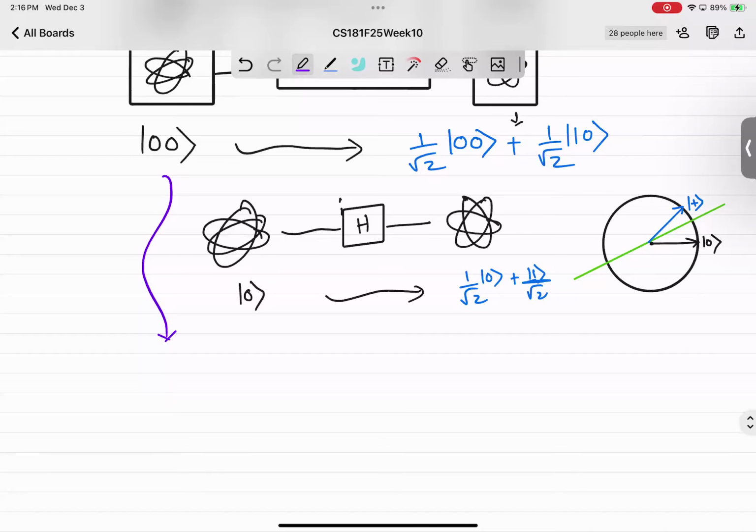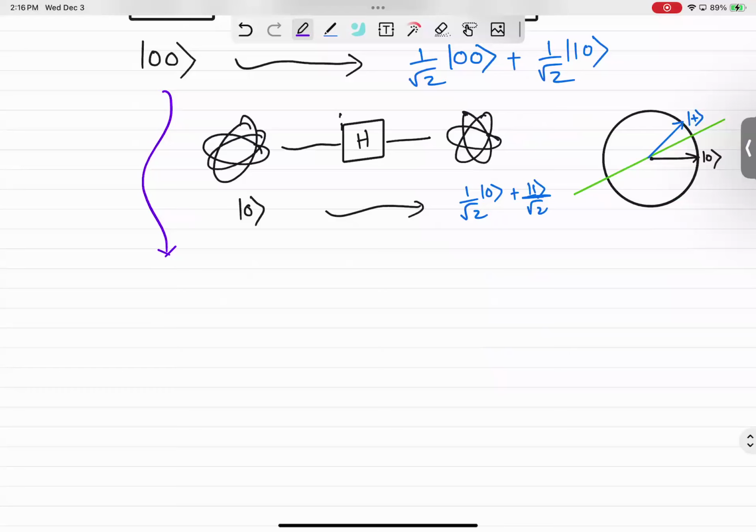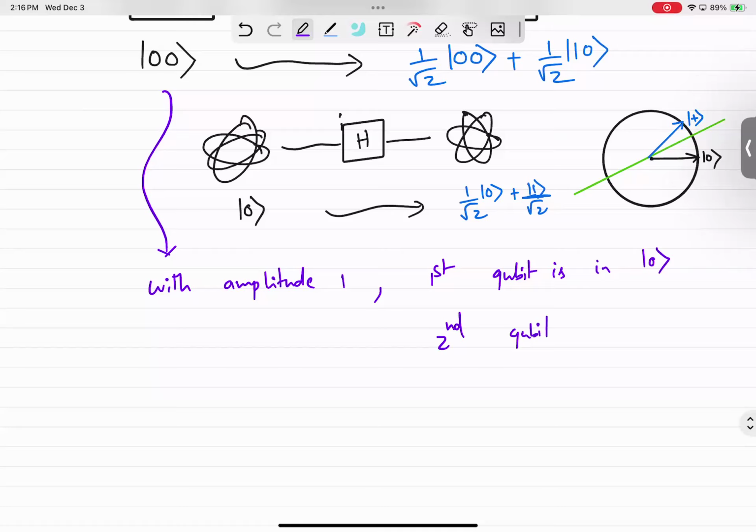But you can think of this 0, 0 as basically saying, with amplitude 1, first qubit is in state 0, second qubit is in state 0. Okay? Right?